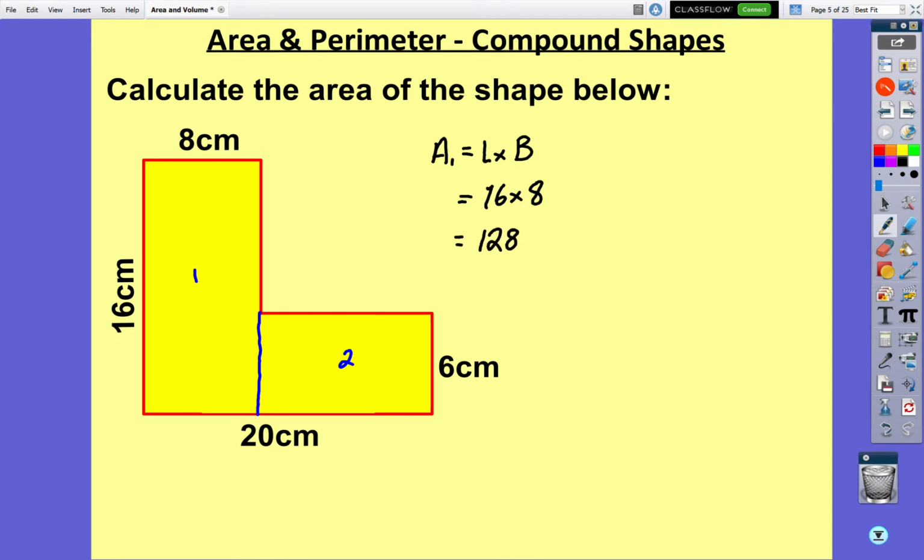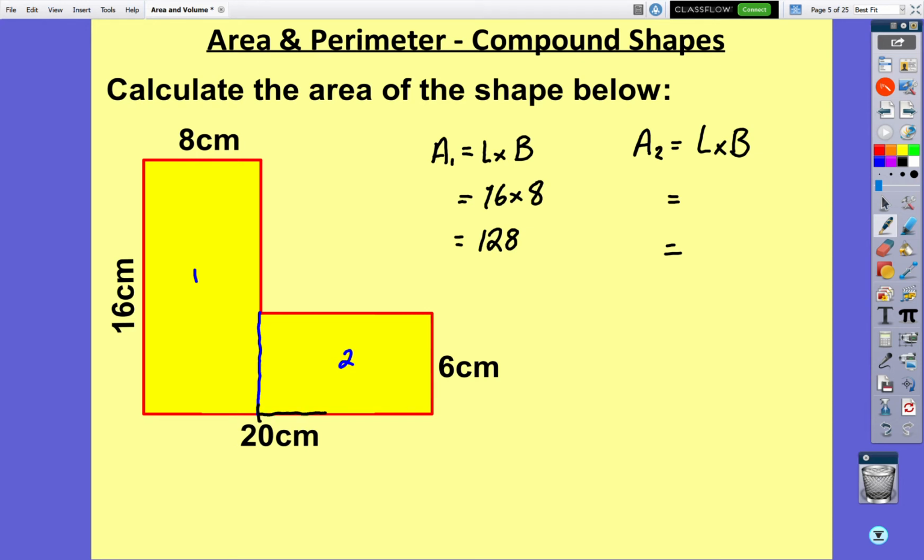I wouldn't worry too much about the units there, because there's one final step we'll need to do, and that's adding them together. So I'm not fussed about having my units here. My area of 2, still going to be L times B because it's still a rectangle. Now if I look at 2, that 20 is not the length of this.